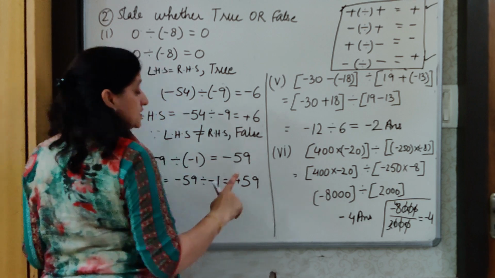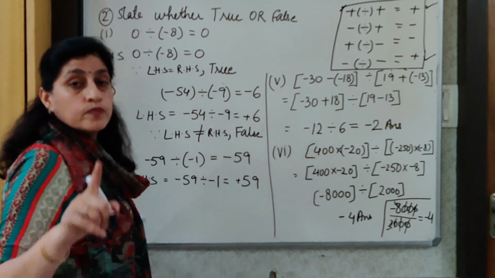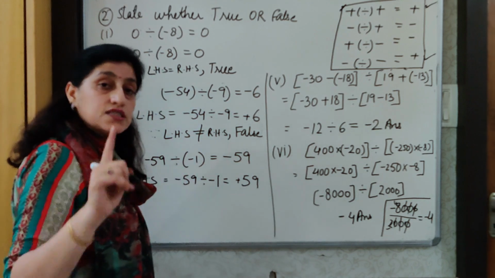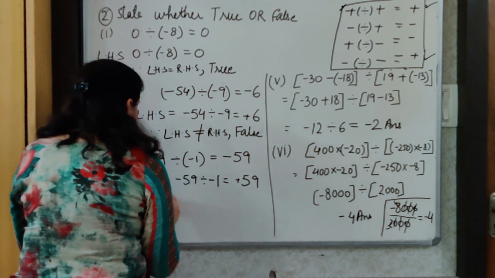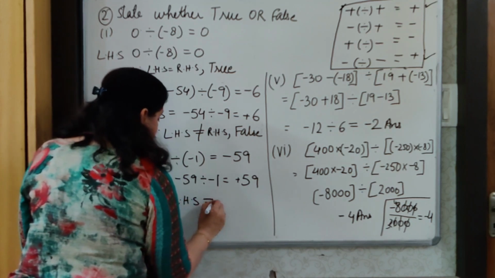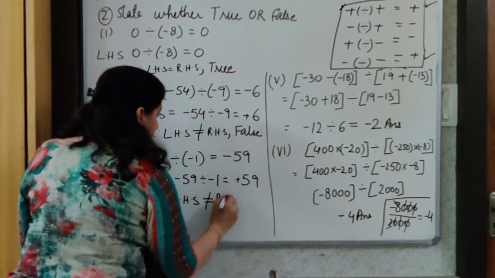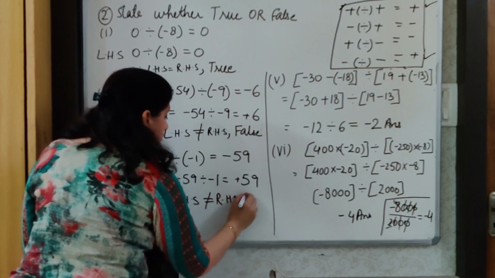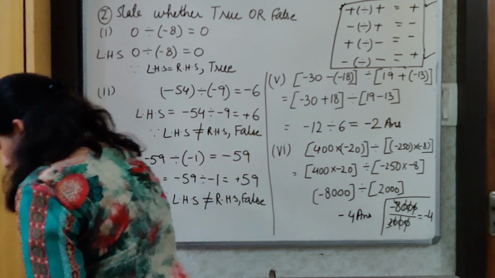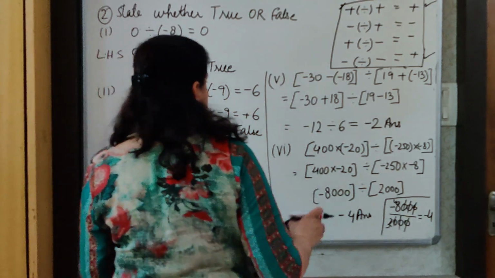So in my LHS I am getting plus 59 and RHS has minus 59. Therefore this statement is also false, because LHS is not equal to RHS. One more last question we'll take.